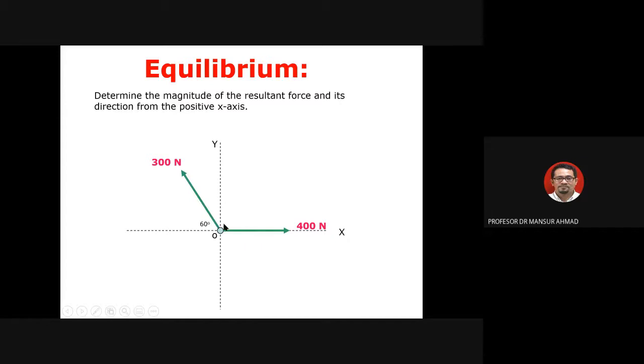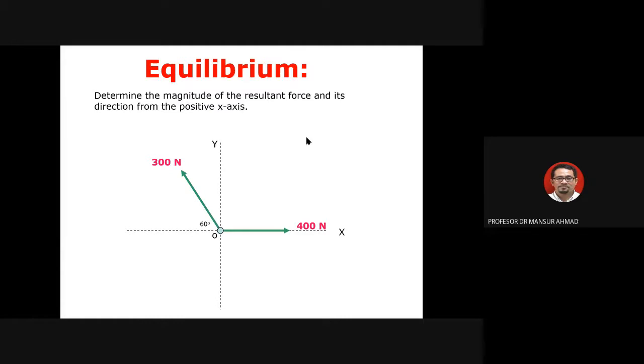If you look at this, the angle here that I have is 60 degrees from the negative x-axis, or 30 degrees from the y-axis. You can use either. Okay, let me show you how to do that. This is basic. It is quite simple.